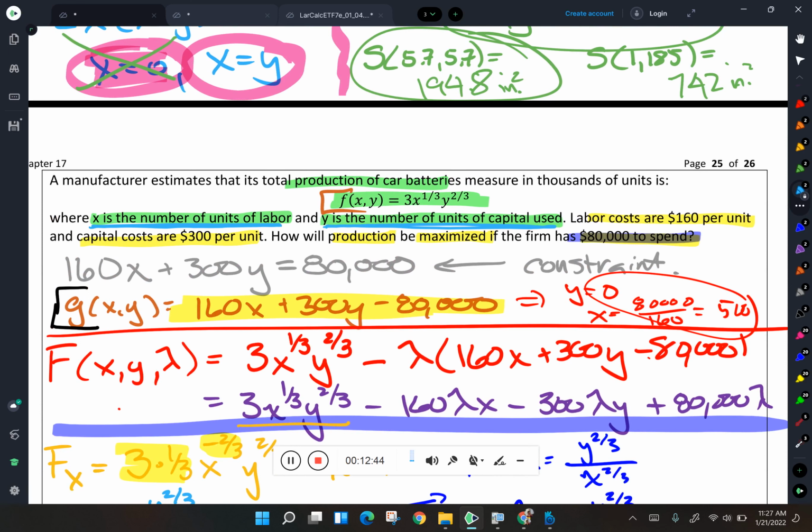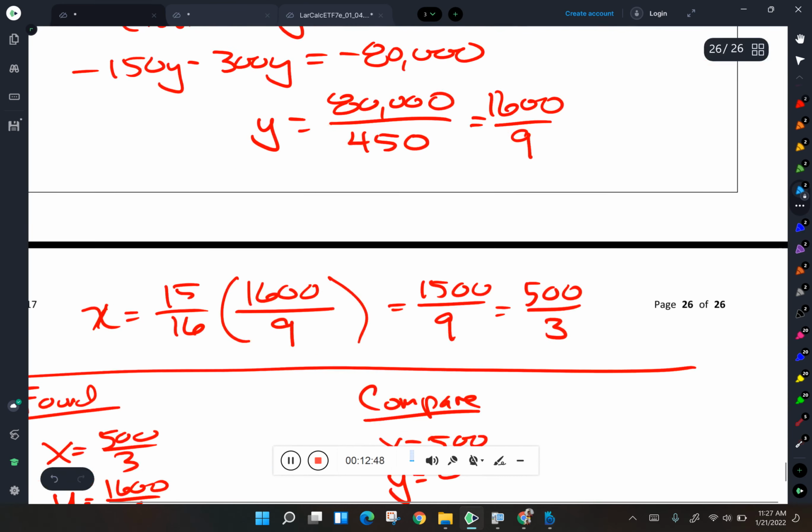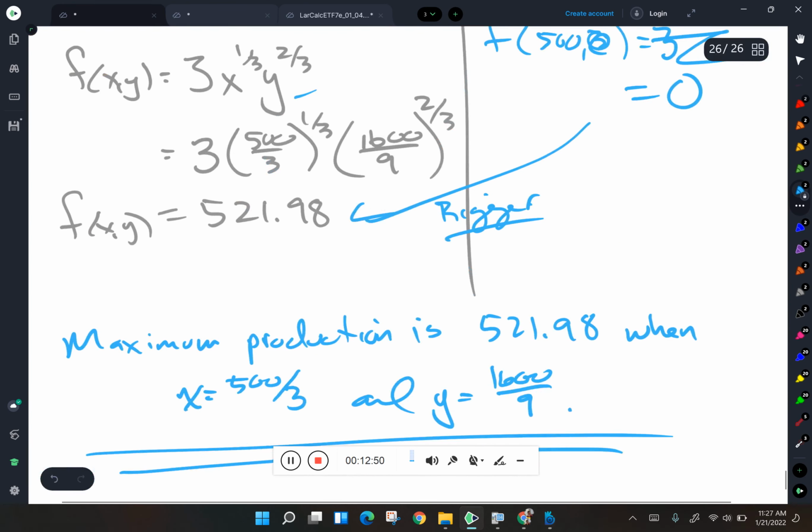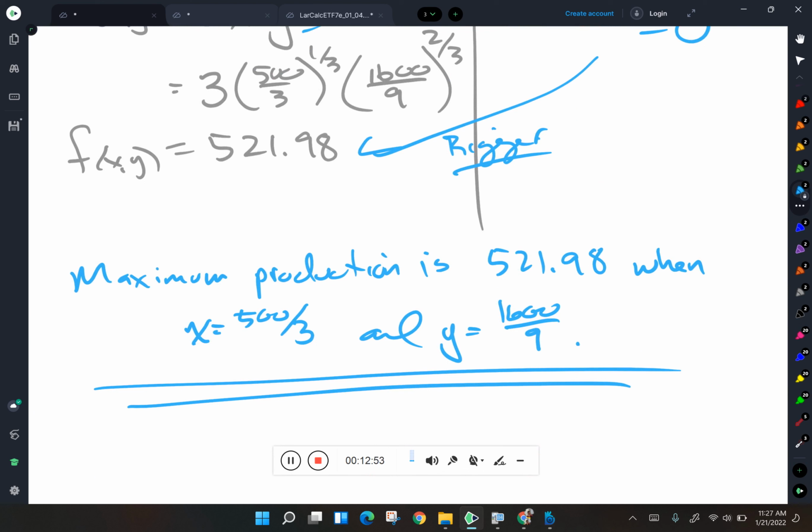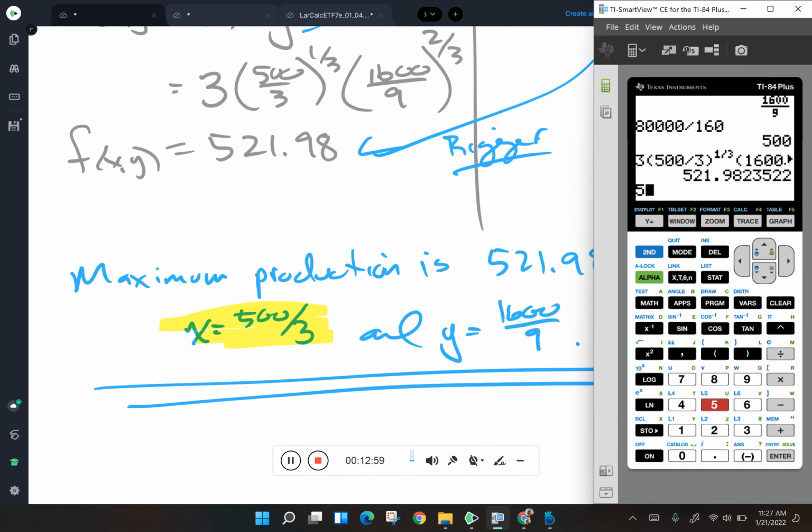Can I have a fractional unit of labor? Because clearly my final answer has fractional units in it. Now, there's nothing in the problem that told me it can't be, but in the real world, this might end up being an issue. And you might have to say, okay, well, 500 divided by 3 is one, so this might have to be rounded to like a 166 or a 167.